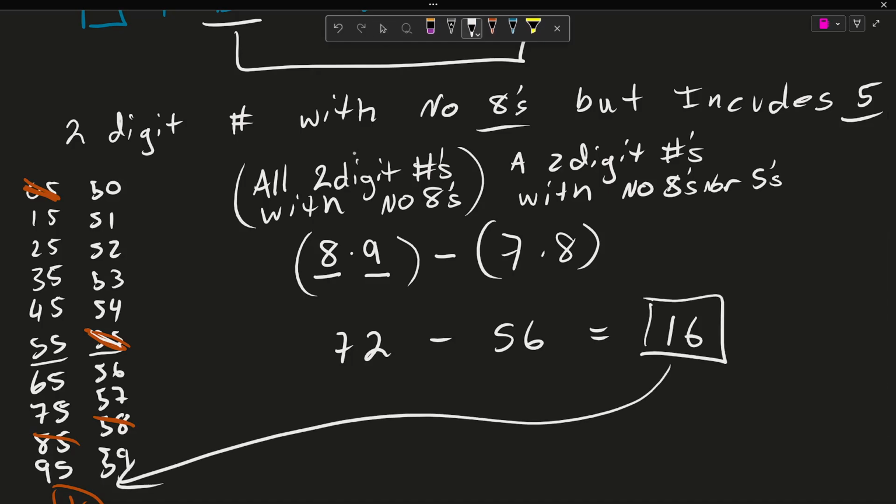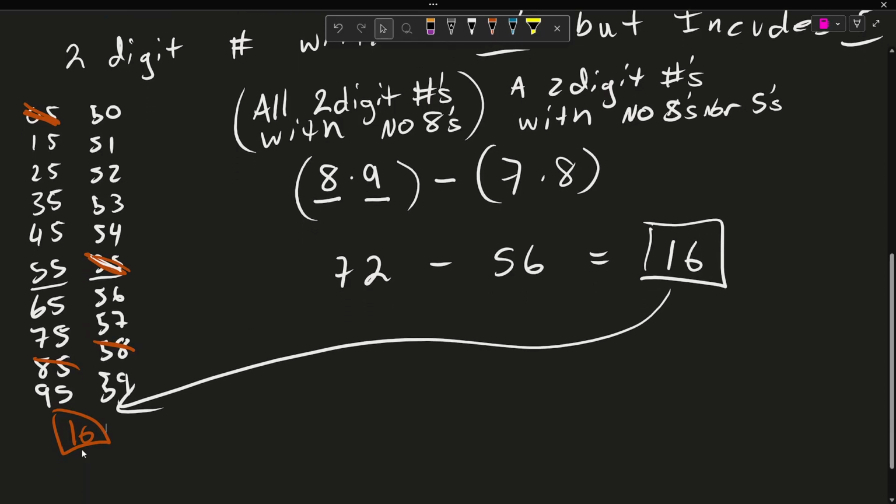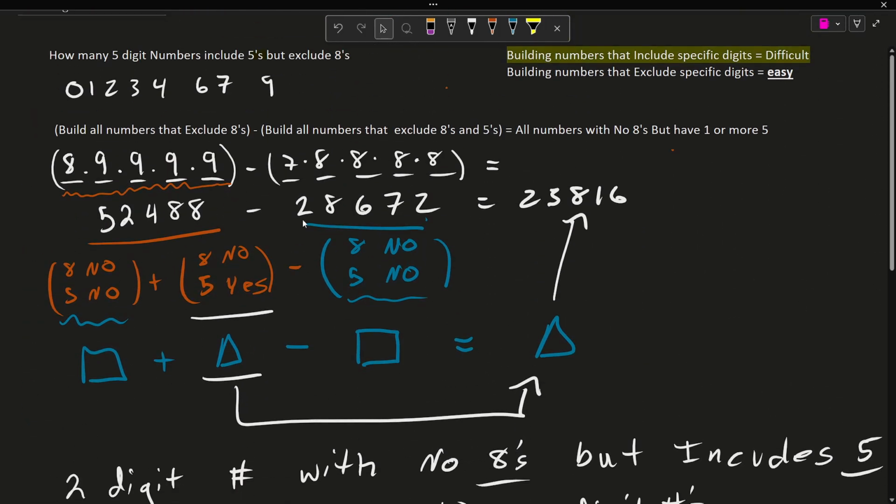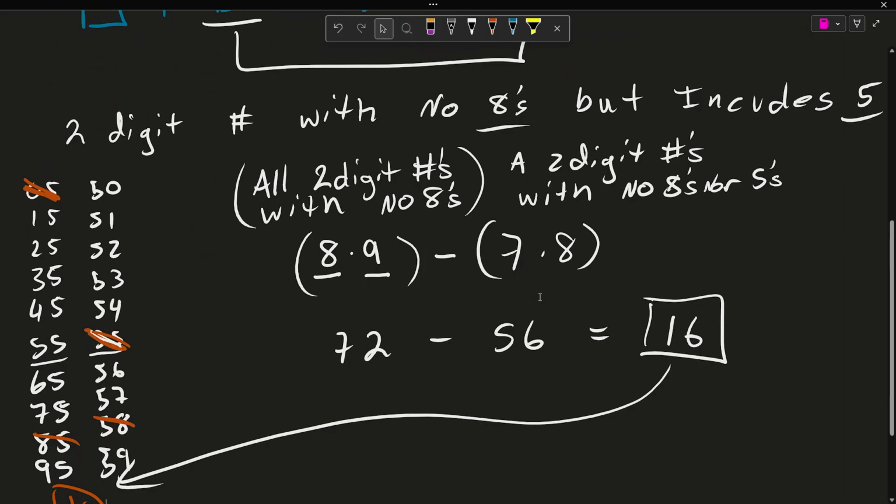Well, because when I listed out all of the possibilities, I noticed that yes, just forming a list there's only 16 digits. So what I'm doing above works, if it works for 2 digits, it should work for 5 digits as well, okay? That's basically how you do it.